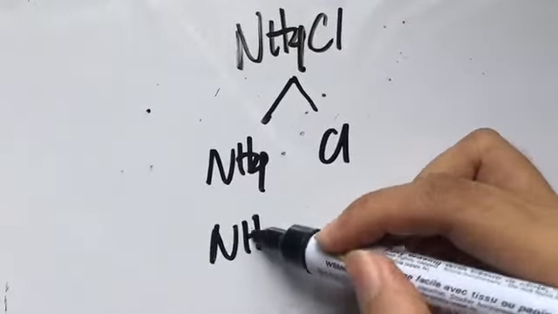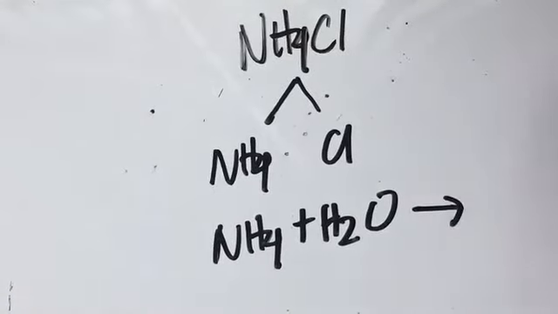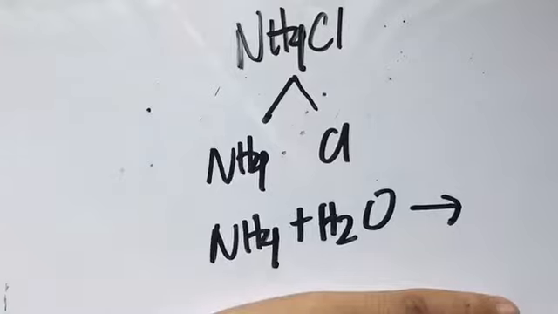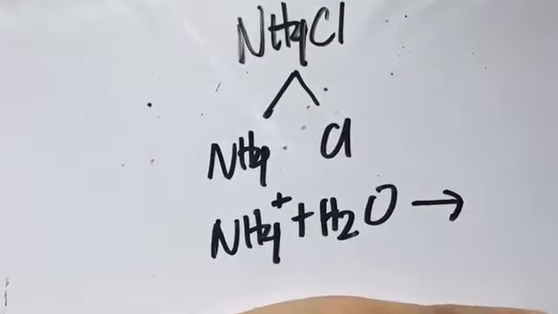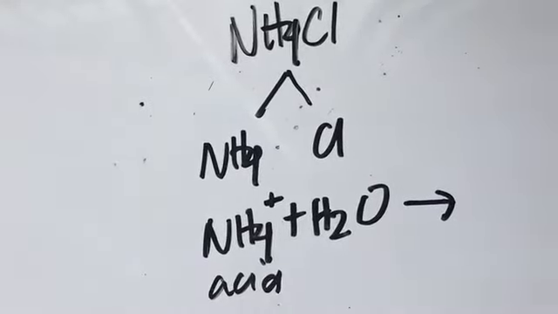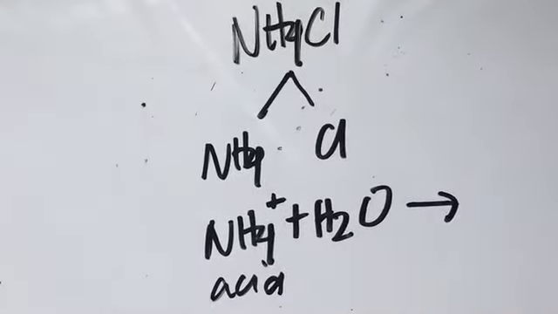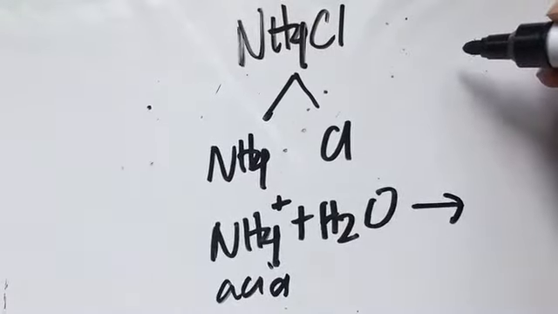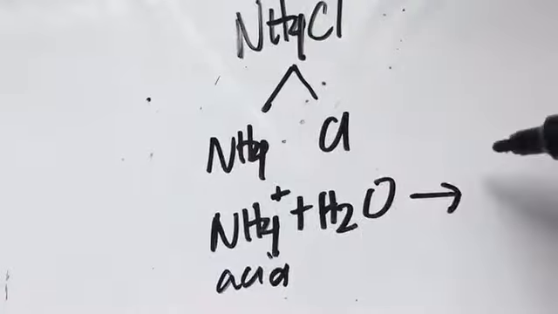So ammonium, pag inano mo siya sa water, ang ammonium ion na to, kaya niyang i-hydrolyze sa tubig. So positive siya, so ibig sabihin it is an acid. Acid according to Bronsted-Lowry is a proton donor. So pwede siyang mag-donate ng proton dito kay water.